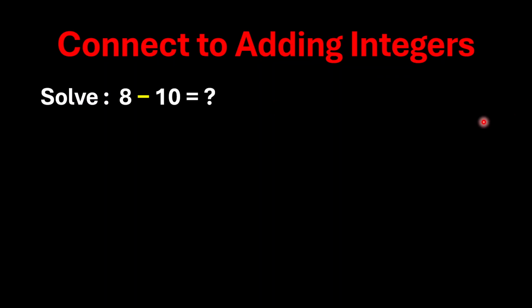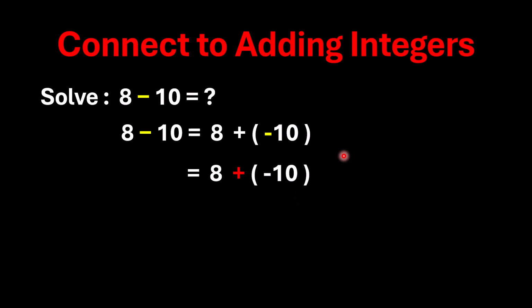For example, let's solve 8 minus 10. First, 8 minus 10 equals 8 plus minus 10. So we change here the subtraction to addition, and we keep 8, the first number. We don't change 8, the first number. And for the 10, the opposite of 10 is minus 10. Second, we apply the addition rule, 8 plus minus 10.